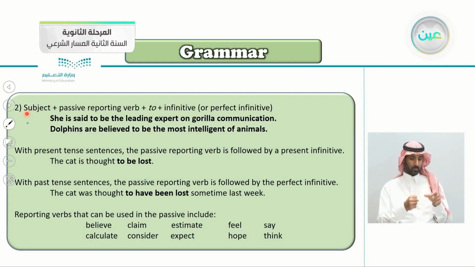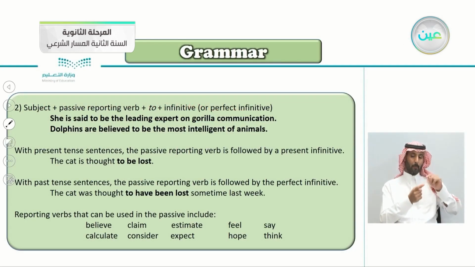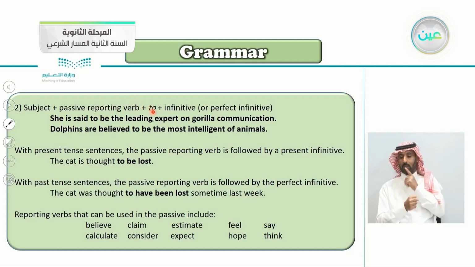Number two here, subject. So this is the form: subject, passive reporting verb, to plus the infinitive or the perfect infinitive. So the subject, like she here, then the passive reporting verb, said, to, the infinitive or perfect infinitive, to be the leading expert on guerrilla communication. Or the subject here is dolphins, are believed to be the most intelligent of animals.